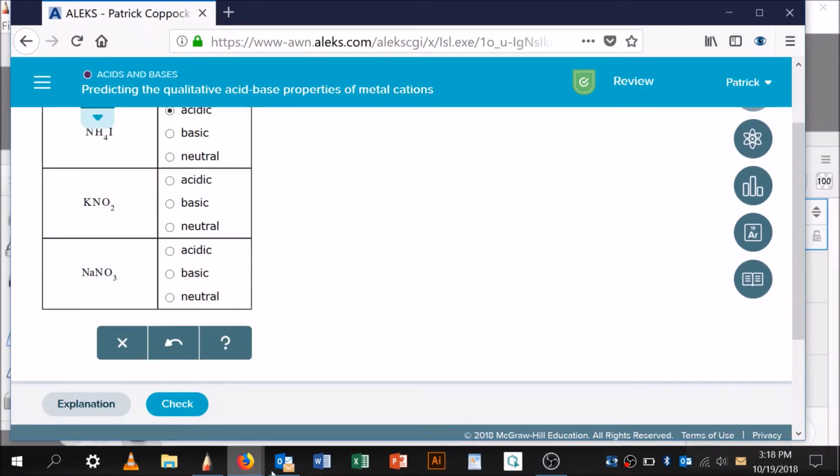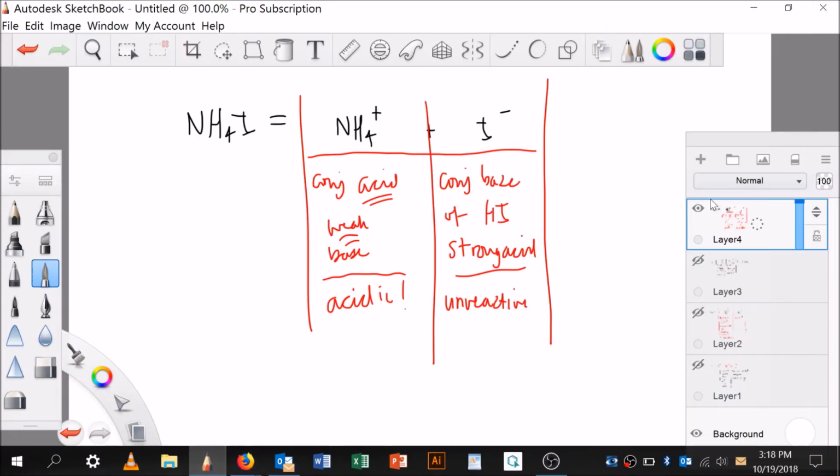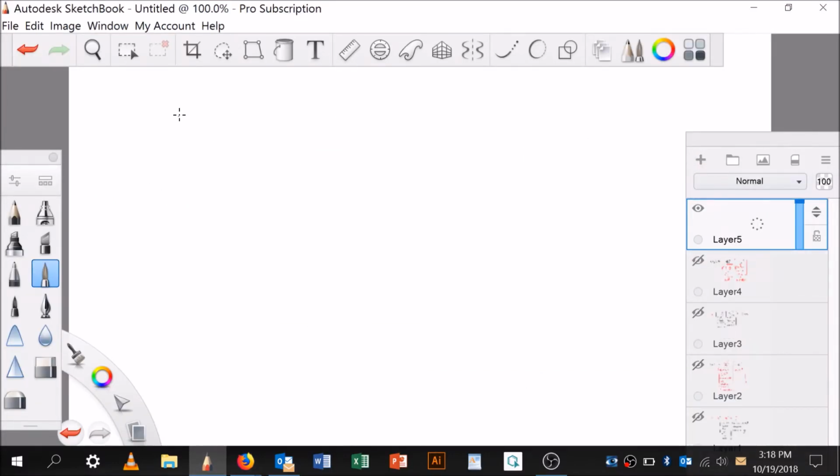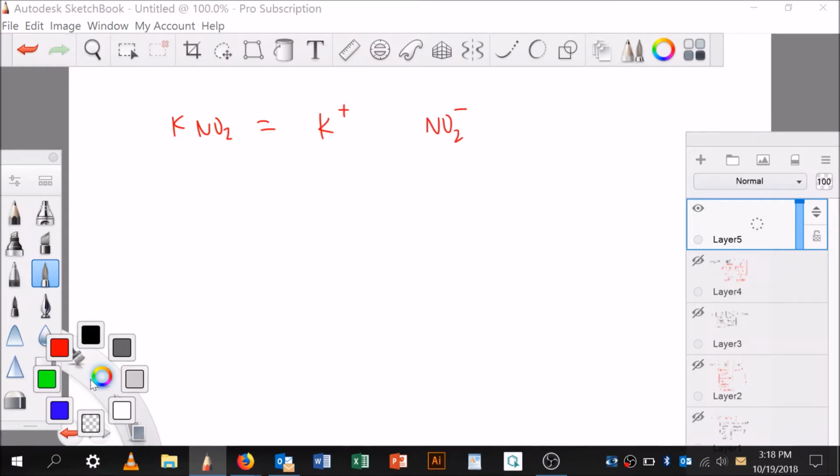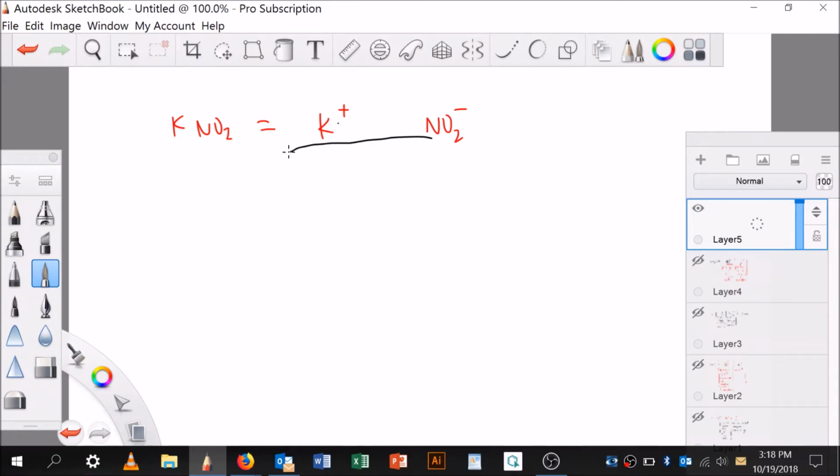Okay, potassium nitrite. Let's look at that one. First thing I'm going to do, same as always, is say, well, really this is potassium and nitrite. And these hopefully look familiar after dealing with them a good bit.